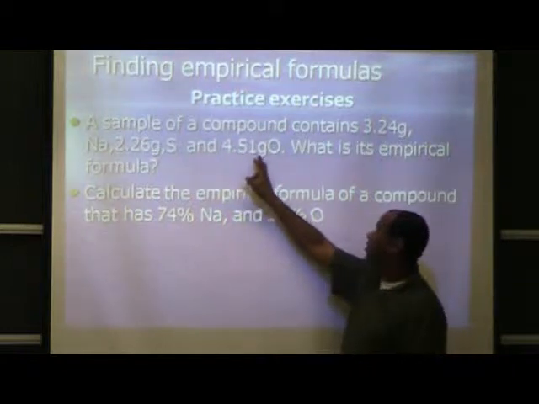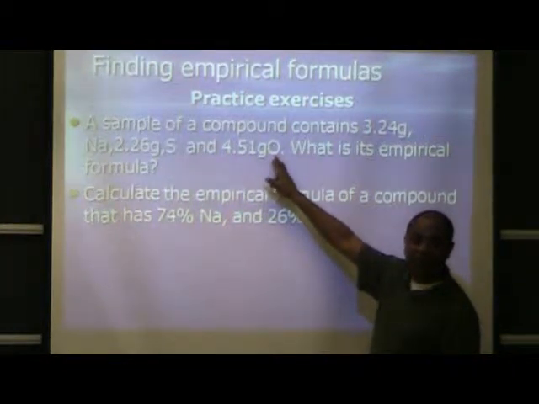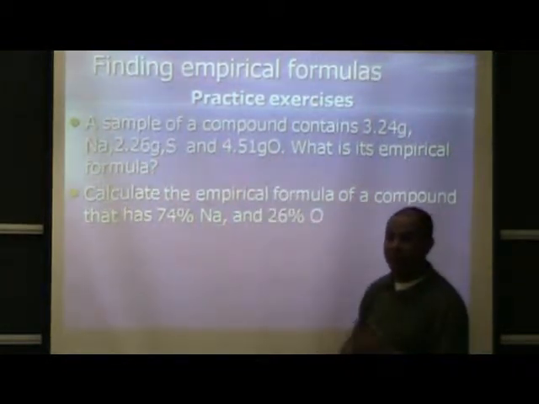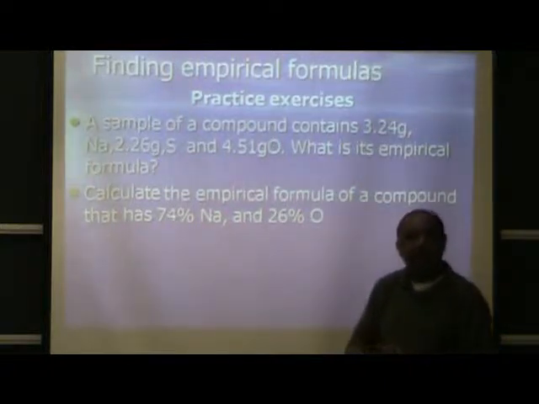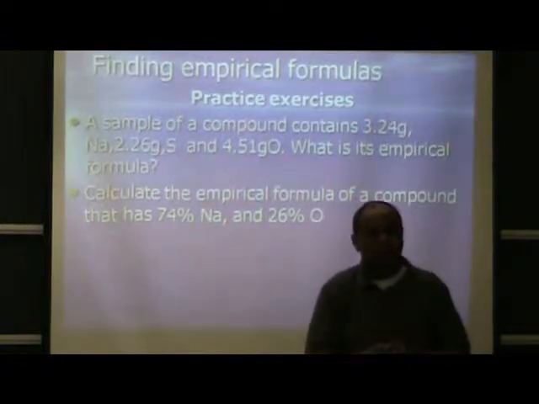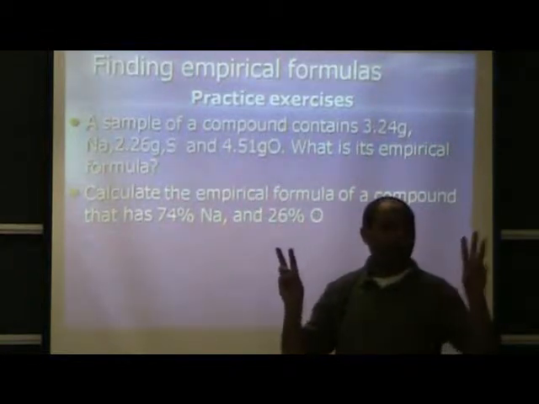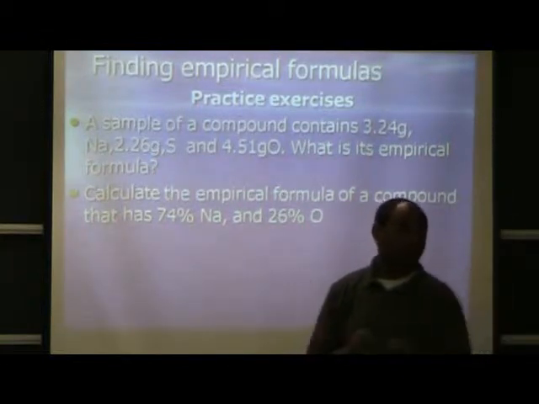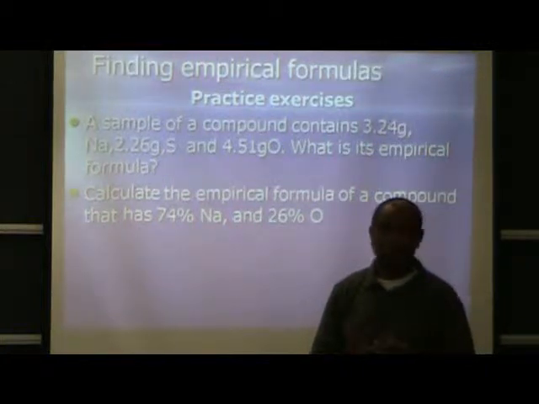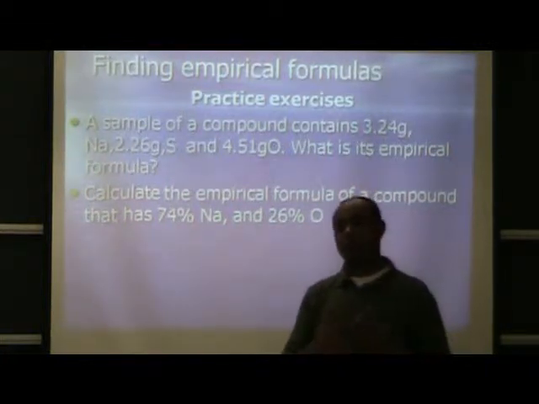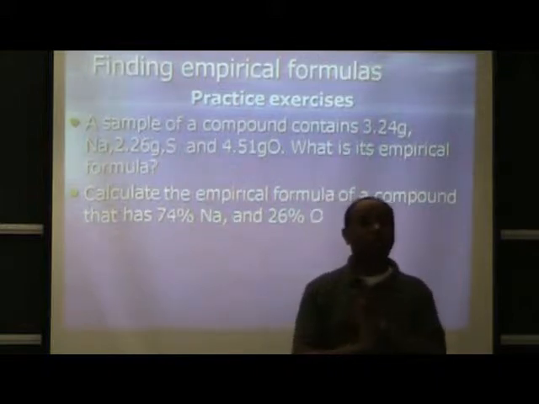And then 4.51 divided by 16. Dividing gives you more. Now, how many moles do you have? You have 3 moles. From the 3 moles, we have to pick the smallest one.